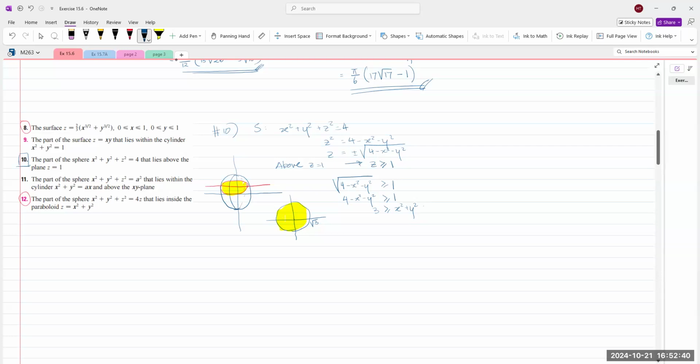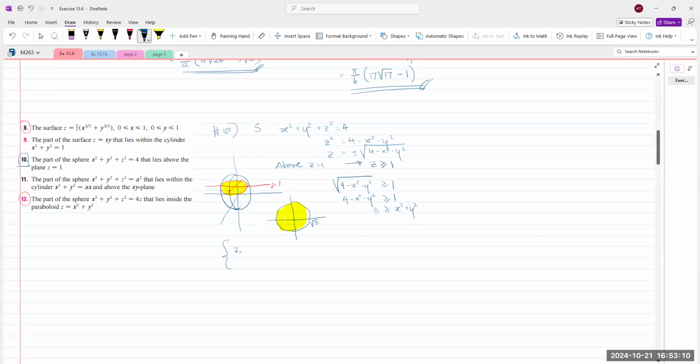So that's the disk. In 3 dimensions, it seems like it's touching the base, but no, it's not. I want to emphasize that. It's like in the air at z equals 1. Well, anyway, so let's start.